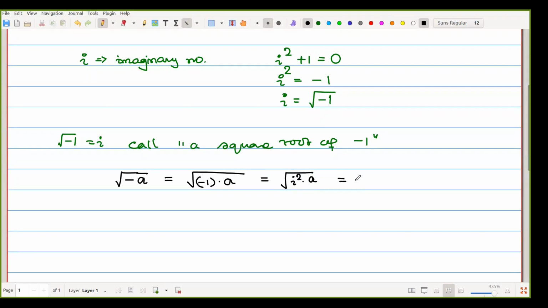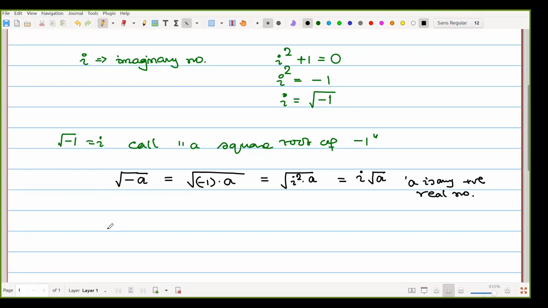So we can now take the square root of i square. So it is becoming i times square root of a, where a is any positive real number. That means it must be positive.